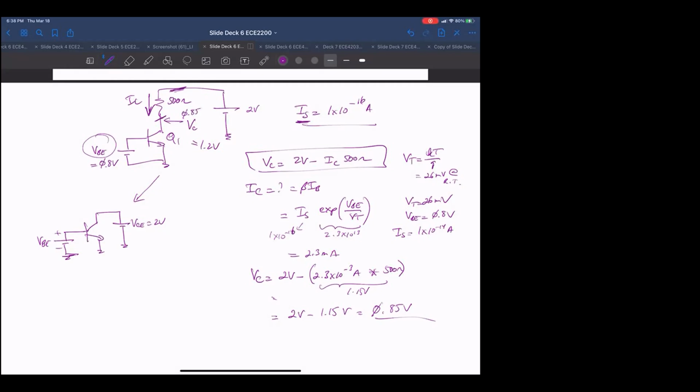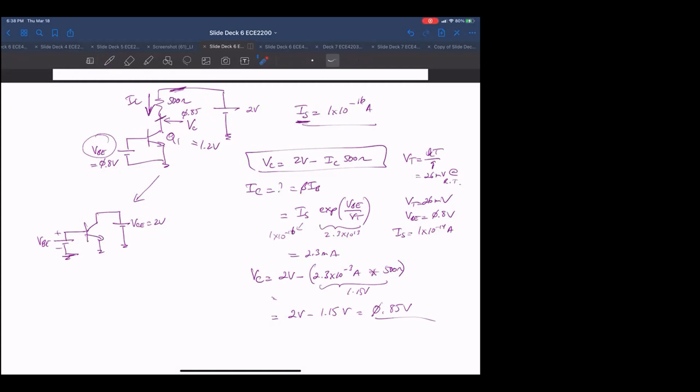So now if I have 0.85 here at the collector, the base is at 0.8. So there's only a 50 millivolt reverse bias across this device. It's still a reverse bias, but it's not a lot.